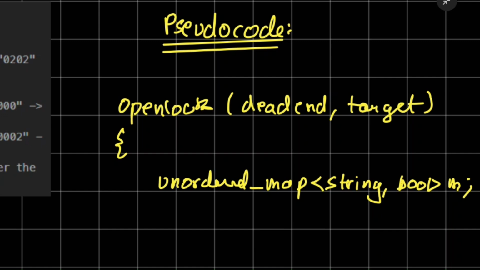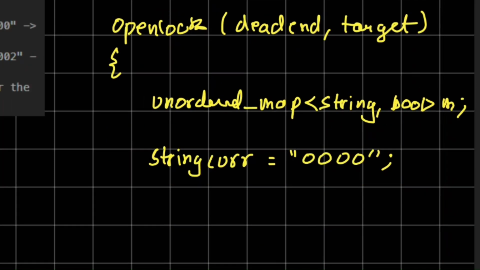So first we will make our current state. So let's say that we have a current string, current is equal to 0000. This is our current string, and then we will make a queue for doing BFS.